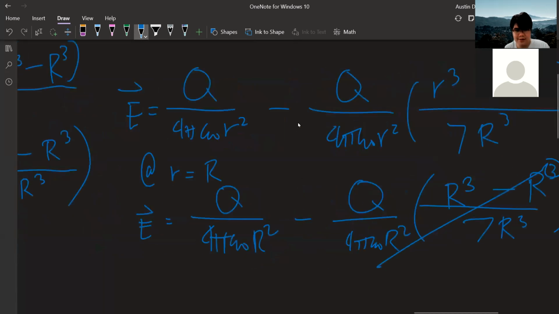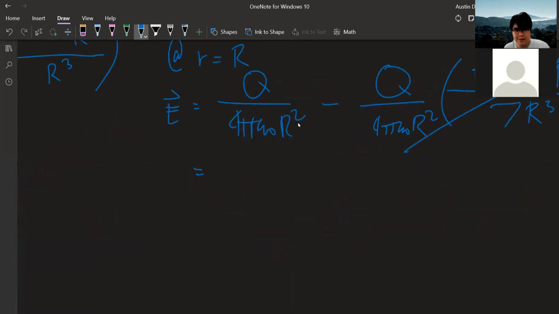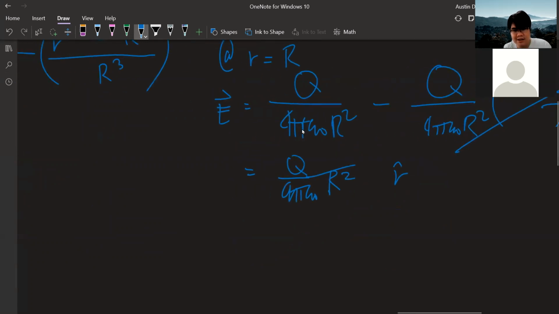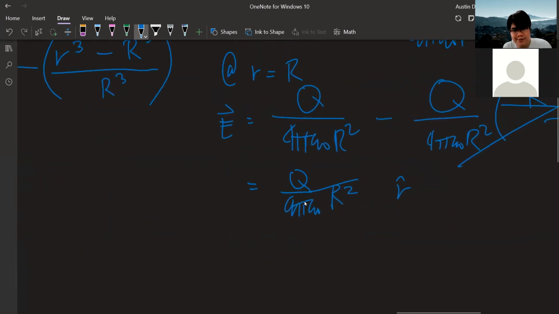It leaves us with Q over 4 pi epsilon naught R squared. You can see that going from the region inside R to greater than R, you get a discontinuity like this.